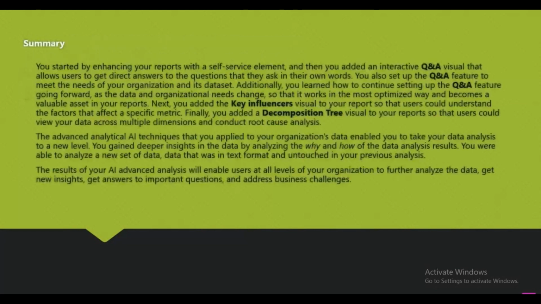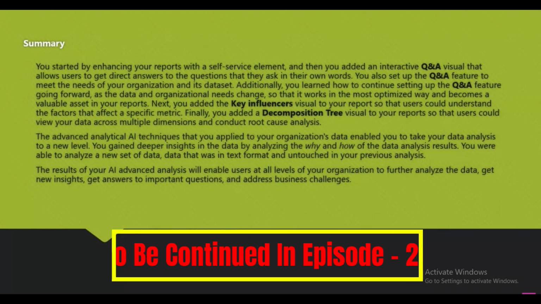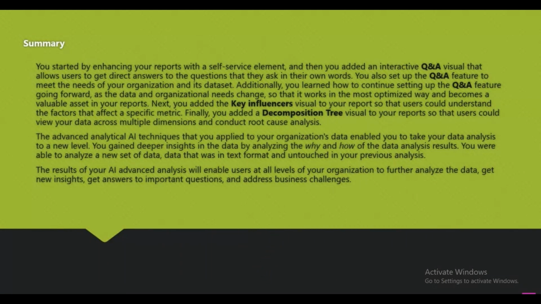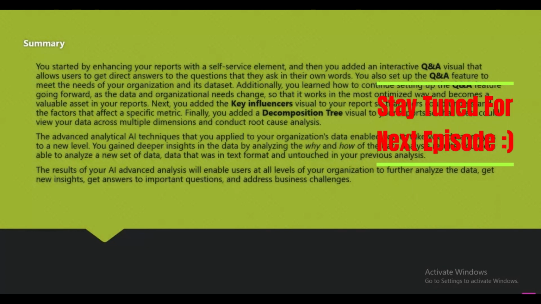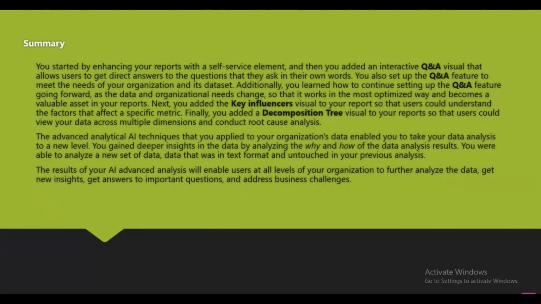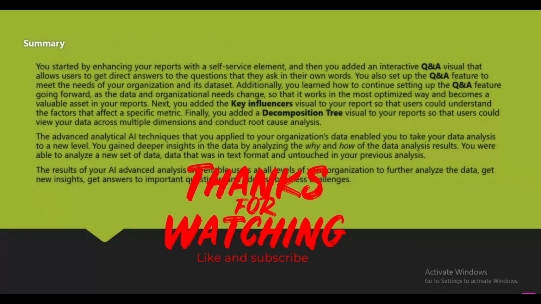Okay, that's it. If I summarize this whole module, we have discussed how to use the artificial intelligence visuals, and how Power BI smartly helps you with them. We have discussed the three main parts: the Q&A visual, the key influencers, plus the decomposition tree. The Q&A helps you answer questions very fast in a very smart way of self-service BI.